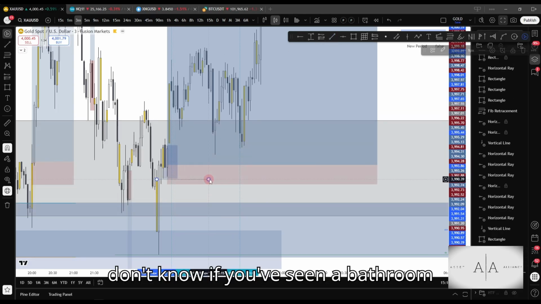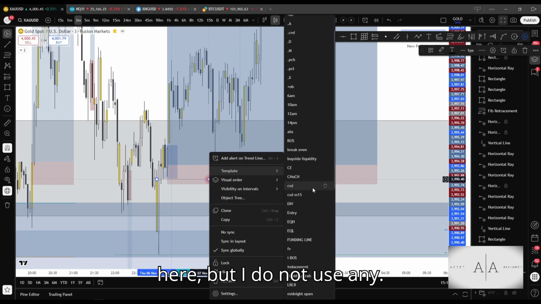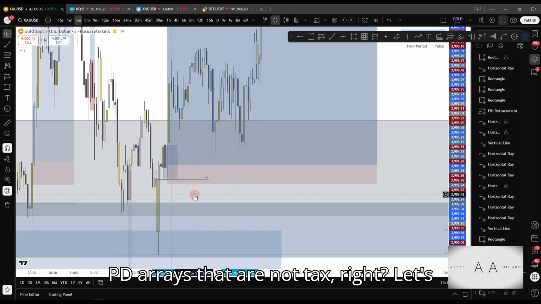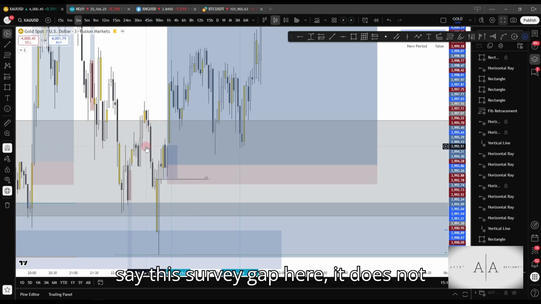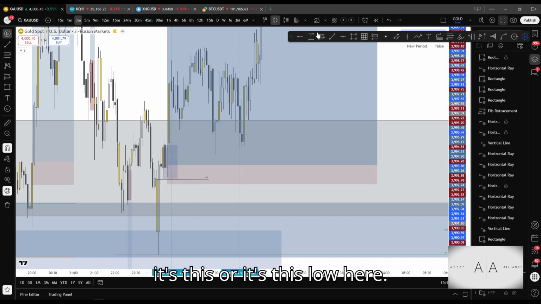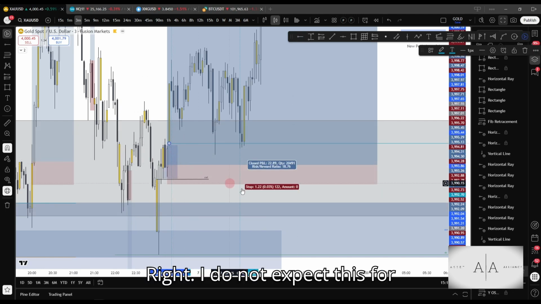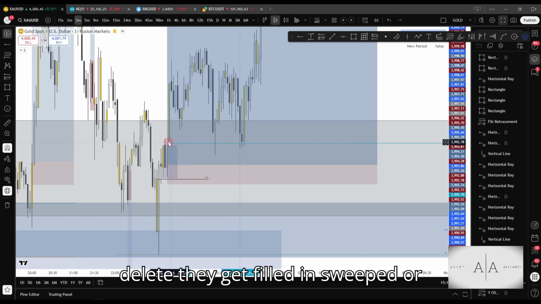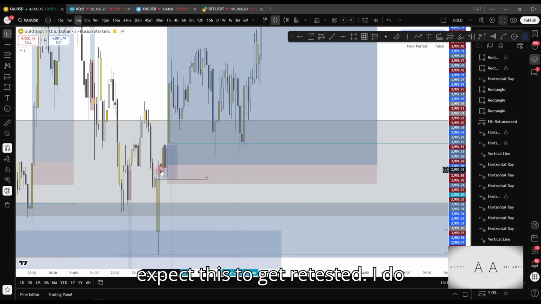So I don't know if you've seen a pattern here, but I do not use any PDRAs that are not TACs, right? Let's say this fair value gap here does not exist for me, right? Technically for me, it's this or it's this low here, right? I do not expect this fair value gap to be filled. I expect this to get filled and swept, or I expect this to get retested.